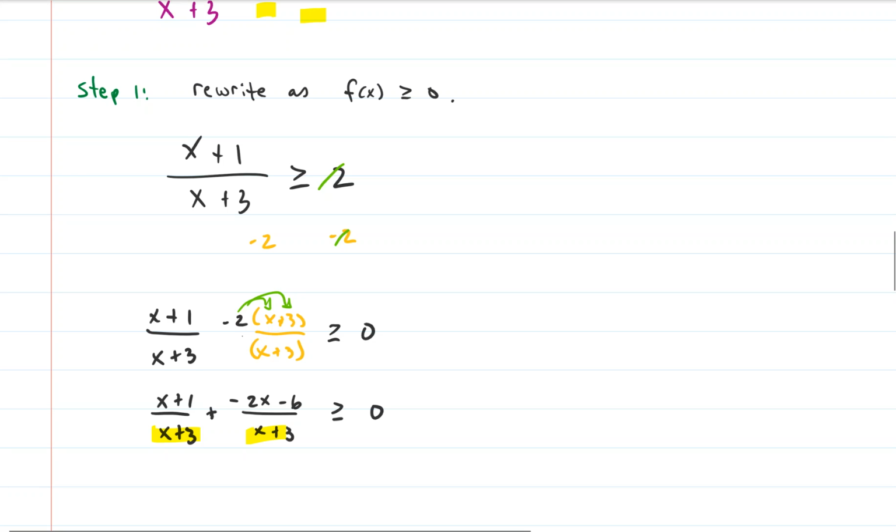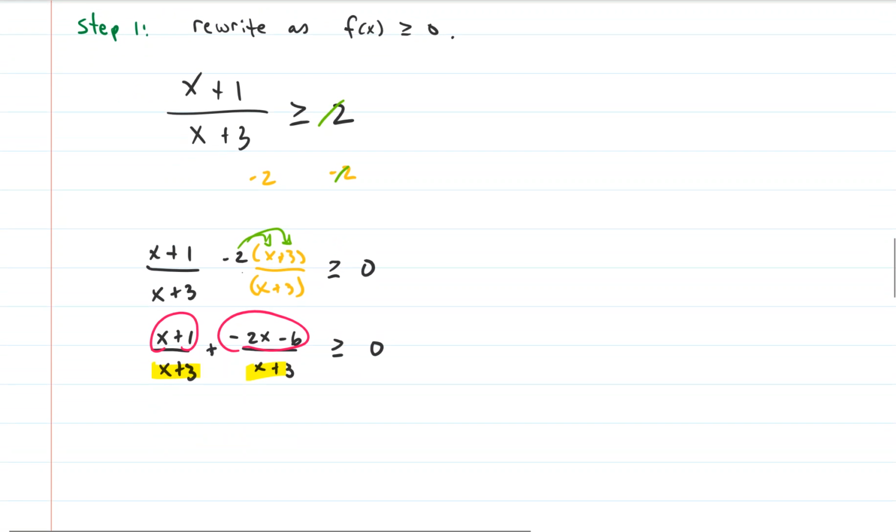Now let's combine the numerators. Let's take the x plus 1 and combine it with the negative 2x minus 6, and that should give us what we want. So we have x plus 1 and negative 2x minus 6. We have a negative 2x and a positive x, so that just gives us negative x. We have a negative 6 and a positive 1.